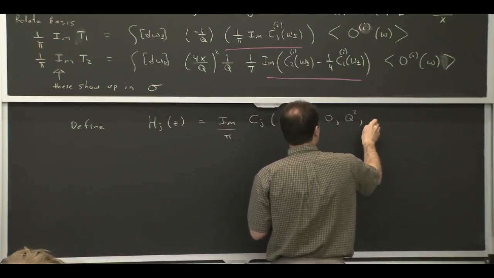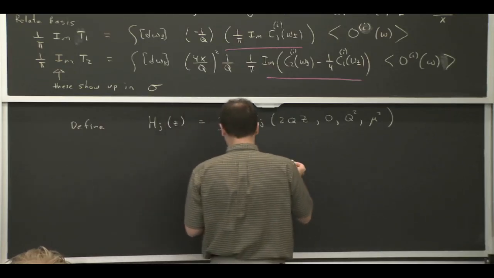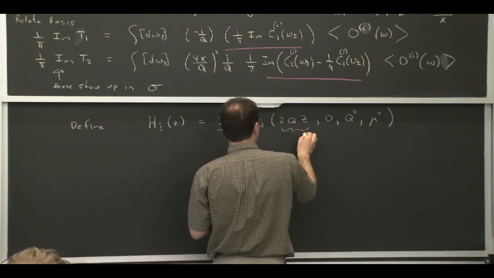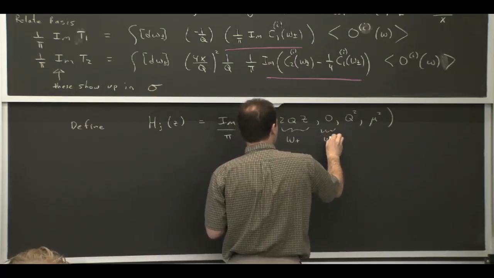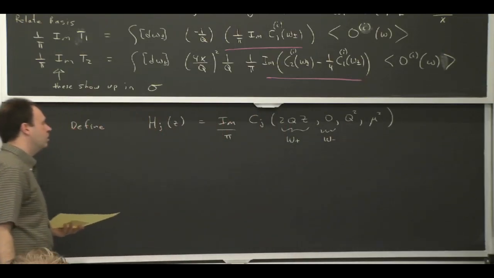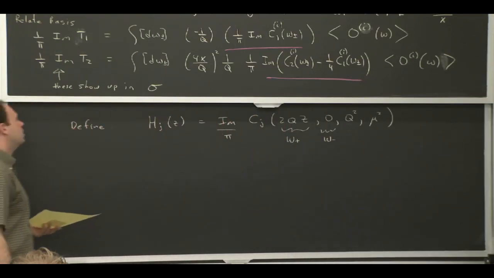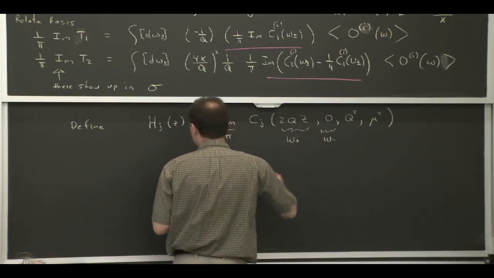And I'm going to denote it in the following way. So this is W. The Wilson coefficient can depend on various different things. It can depend on W plus. It can depend on W minus. It can depend on the hard scale, which is q squared, or it could depend on mu squared. So W minus, when you do the delta function, gets set to 0. W plus gets set to something.